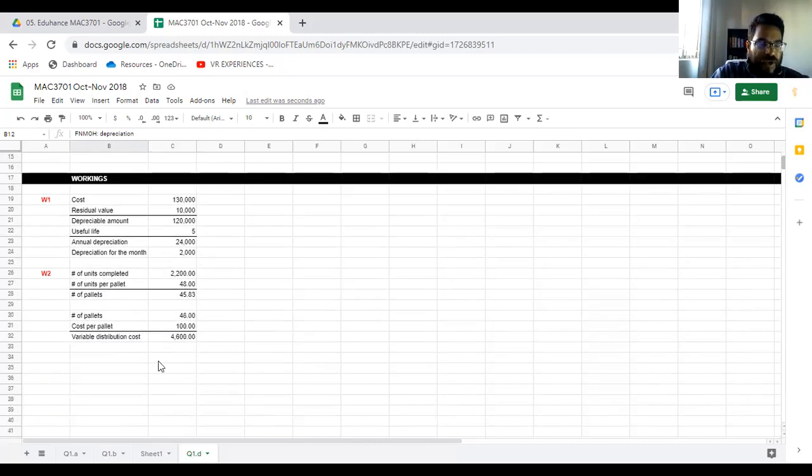So sales, we know the number of completed goods, and we know the selling price per unit. Let's check what I read now. Selling price per unit, where did I see that now? 80 Rand per unit, 2.6. So it's 80 Rand per unit.